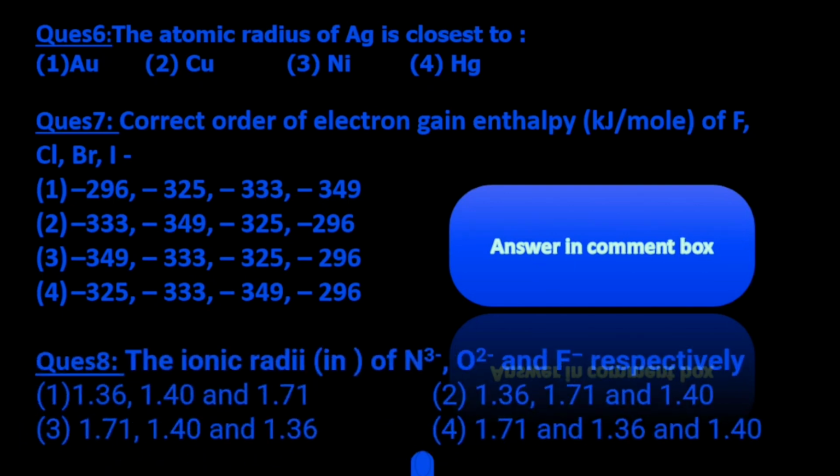And next question is the ionic radii of N-3, O-2, F- respectively. So this also I discussed. It is ionic radii. Always take care of that. First question was electron gain enthalpy. Yes, I read somewhere there. Atomic radii. This also I read. Atomic size. Ionic size. Yes, that also I discussed. Go back and watch the video. It's all right.